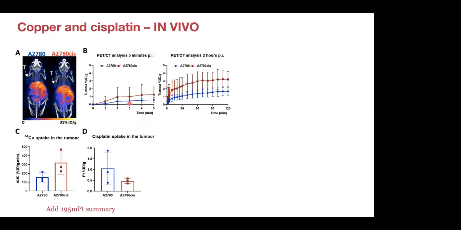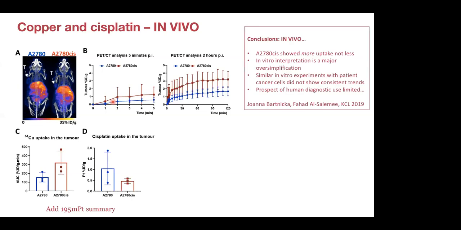you see, actually, rather sadly for us, the situation is reversed in vivo. There's not much difference between the two, and actually the uptake is more in the resistant cell line than in the unmodified cell line. So it seems that the in vitro interpretation is a major oversimplification of what might happen in vivo.